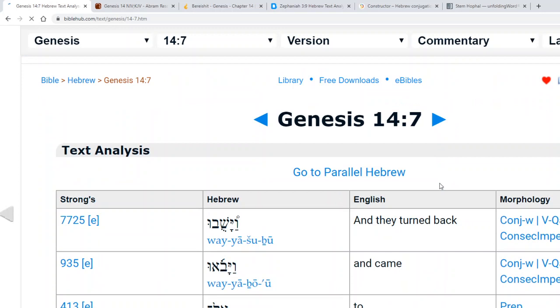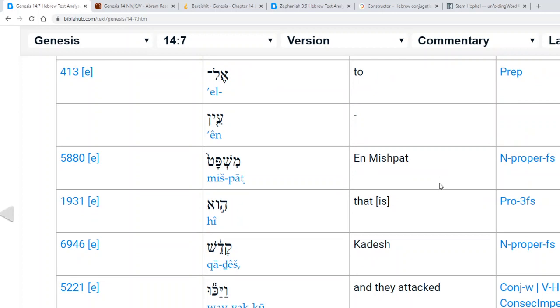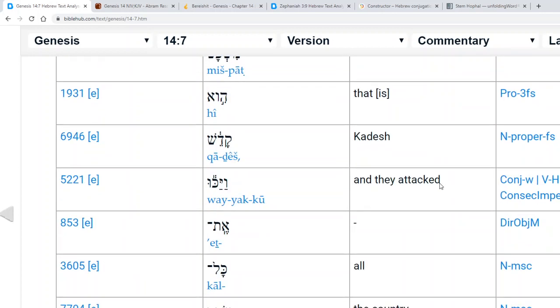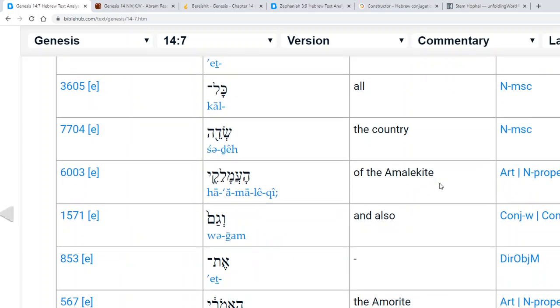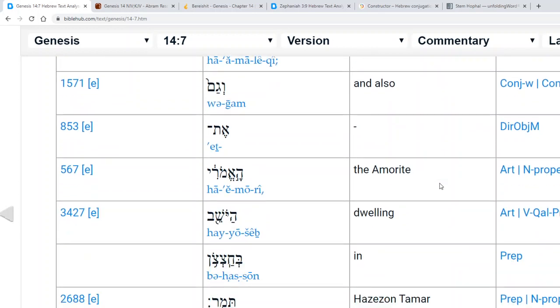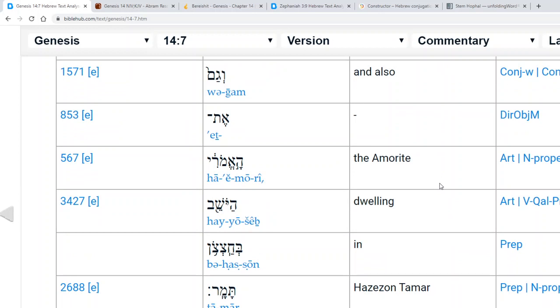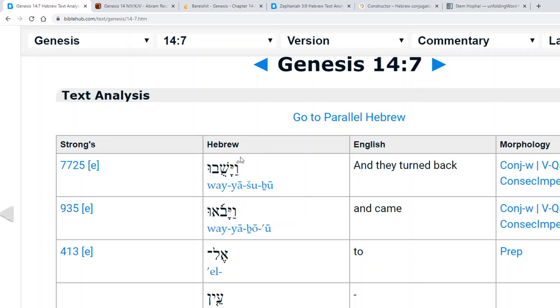Verse 7. Veyashuvu veyavou el ein mishpat hi kadesh veyaku et kol ste ha'amaleki vegam et ha'emori ha'yoshev bechatzetzon tamar. Okay. So, Veyashuvu.